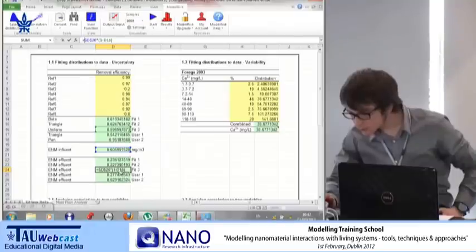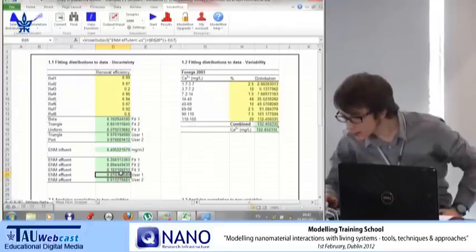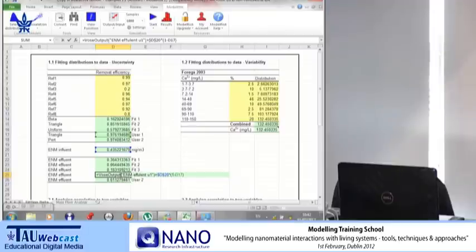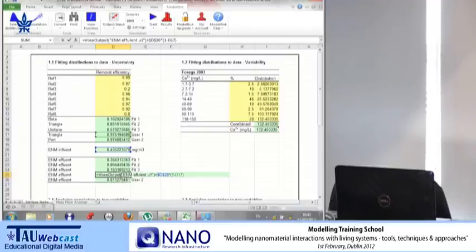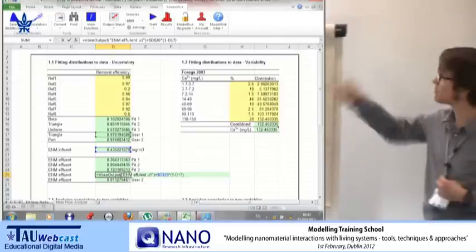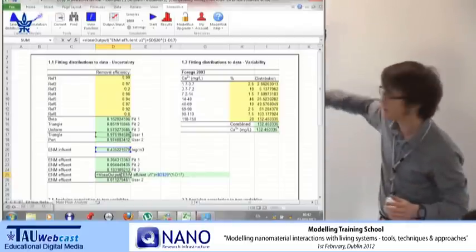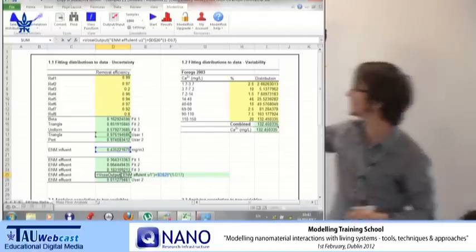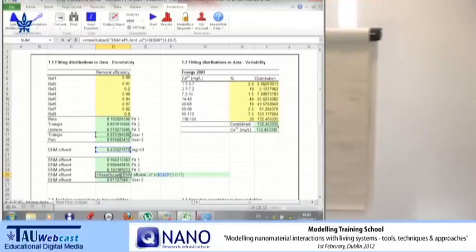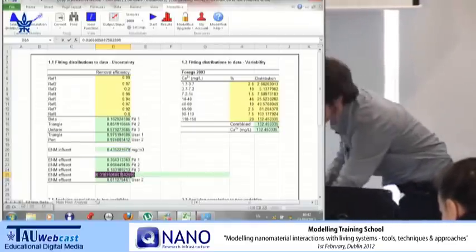For uniform, each time you're entering a new value, the number keeps changing. That's because it's sampling. These are all distributions, so each time it's doing a new sample, a different iteration.